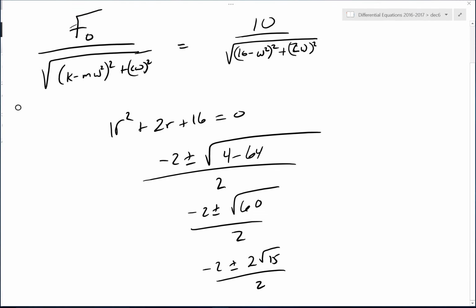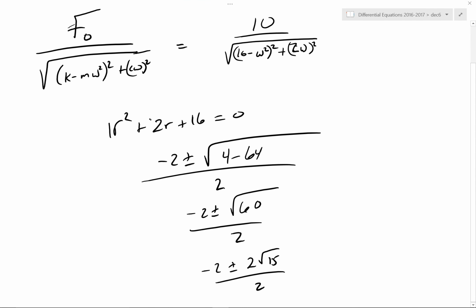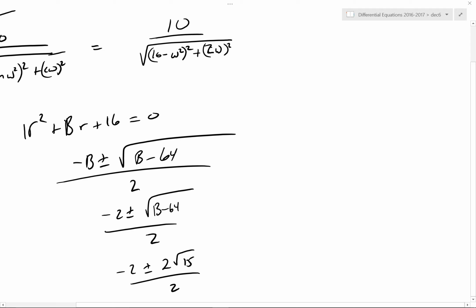So let's come back here and, instead of putting in that value, let's put in just a b term here. So let's see, what does that give us?